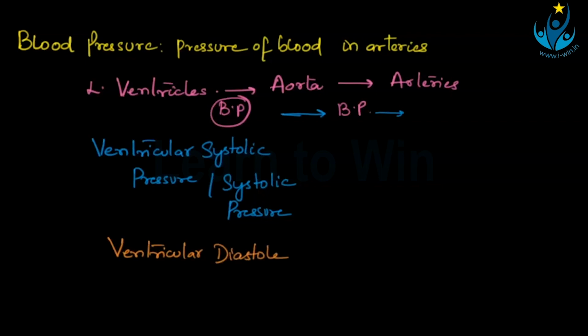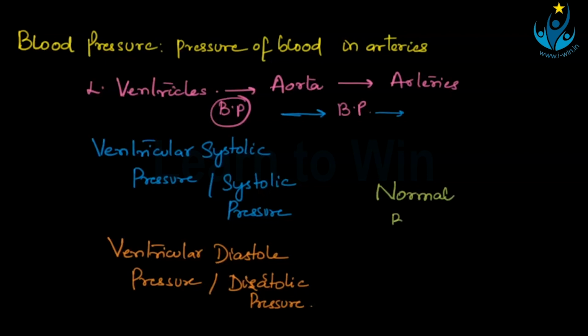as we have discussed, the pressure comes down. That pressure is called the diastolic pressure. Now, the normal blood pressure in a very normal, healthy adult average individual is 120 by 80, where 120 is the systolic pressure and 80 is the diastolic.